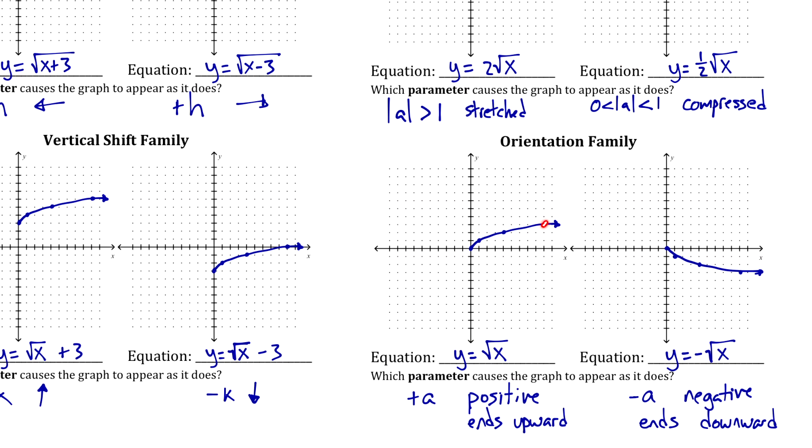So every y value, that's us going up and down, all of a sudden becomes negative. So that's why it's all below. So this negative, don't forget, is outside of the square root. It's not inside. So it's okay if there's one on the outside. That's where it's going to flip it across. It always flips it across the x-axis.